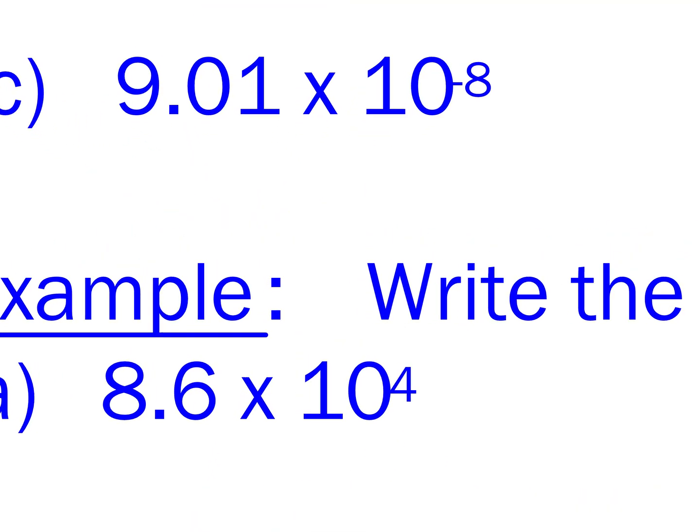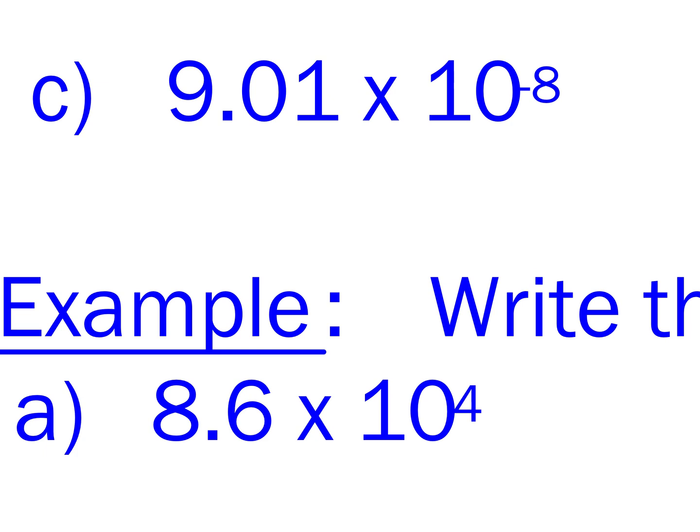Part C, write this out in standard form. So, 9.01 times 10 to the negative 8. Is this a lot less than 1 or a lot more than 1? Less, because the exponent's negative. That's correct.